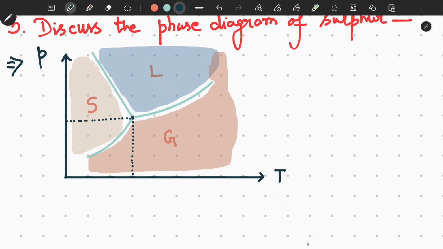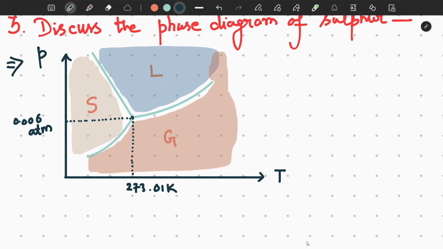This value is 0.006 atmosphere, and this value is 273.16 Kelvin.